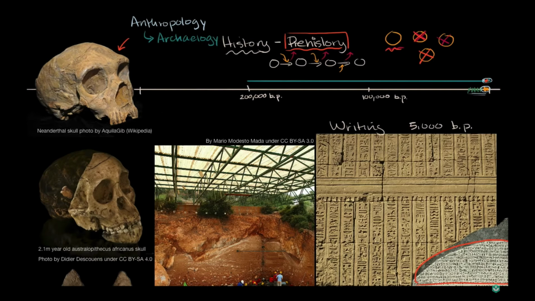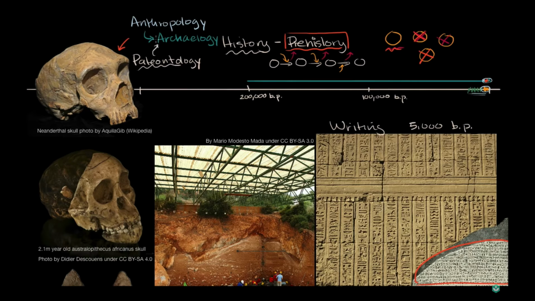Now, there's other fields. You might associate the field of paleontology with things like dinosaur bones, but their techniques are also useful for old human remains or even pre-human remains.